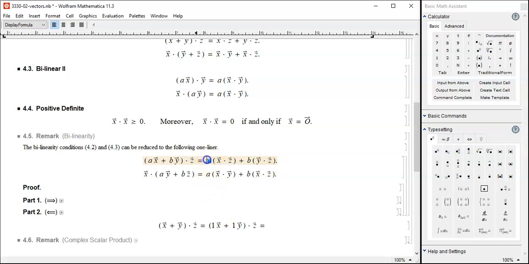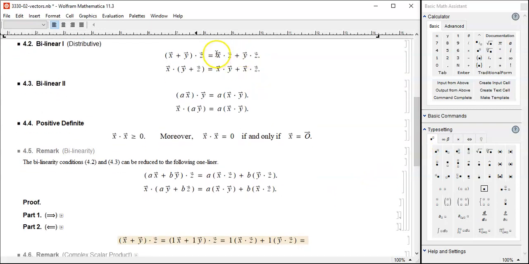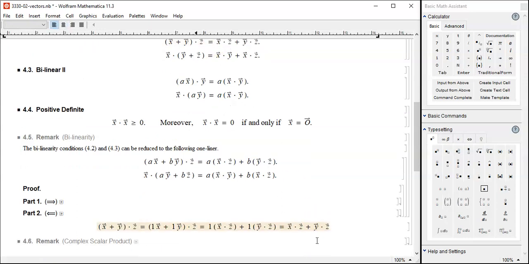I can take this 1 out. So 1 times x dot c, and 1 times y dot c. And is that what we want in the end? 1 times any number, no change, because 1 is the multiplicative identity. So we do get the right-hand side.